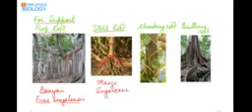Next, the climbing roots. Climbing roots means these roots develop from the nodes by the help of which they help the plant to climb. Example, your piper betel, that is betel plant, pothos, that is money plant.